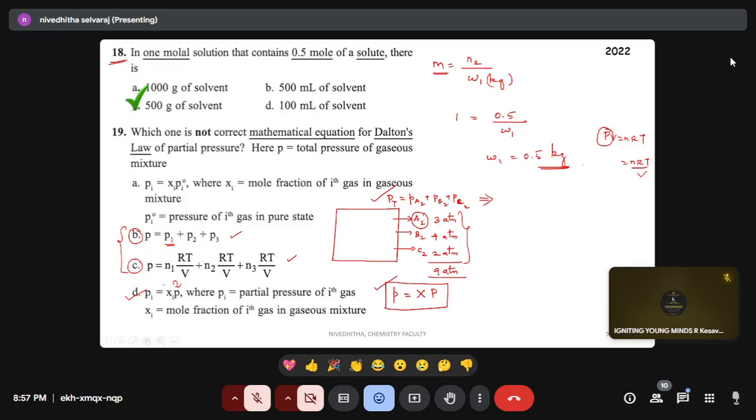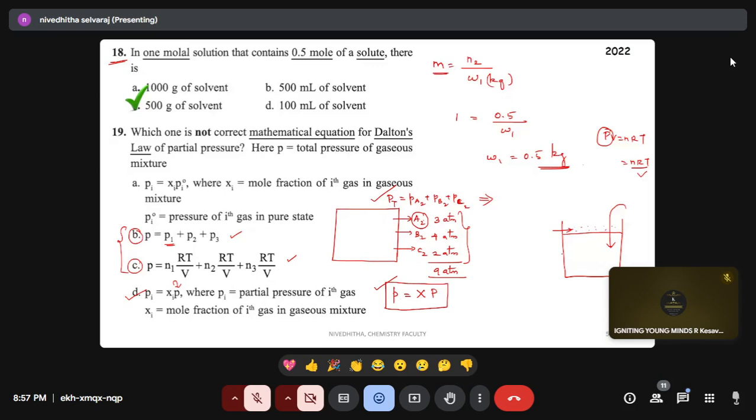So this is scenario number 1. But the second scenario where we discussed partial pressure is in solution, where I'll be having a solvent into which I've dissolved a quantity of gas, right? Initially, I had pure solvent. On the surface of the solvent, I had the vapors of the solvent.